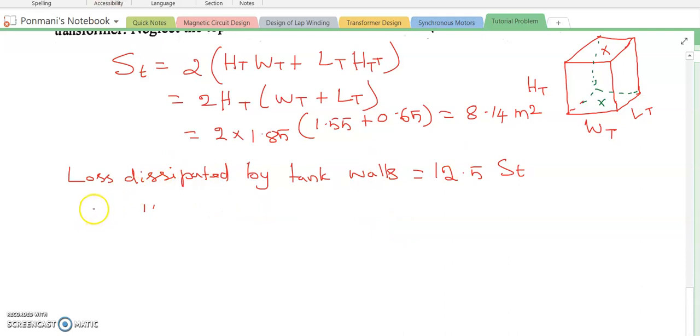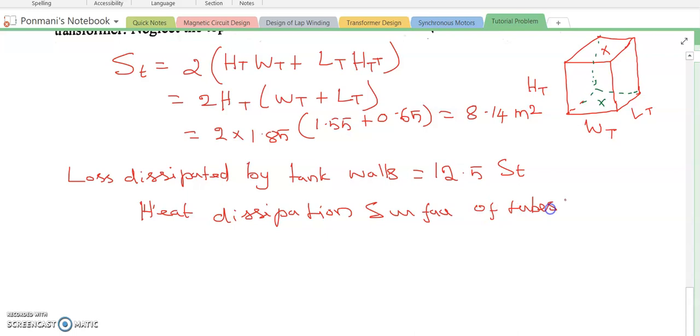So before that we can write the heat dissipation surface area of cooling tubes. Surface of tubes, this is also discussed in the theoretical portion, is x times of ST. Okay.